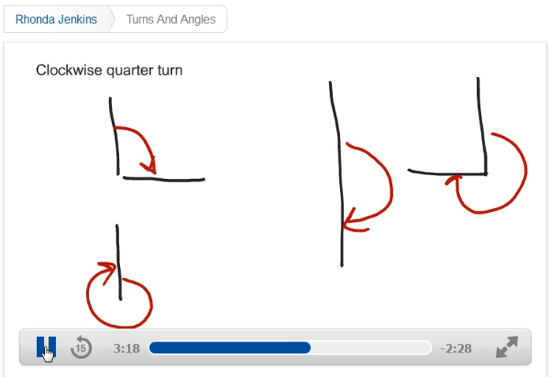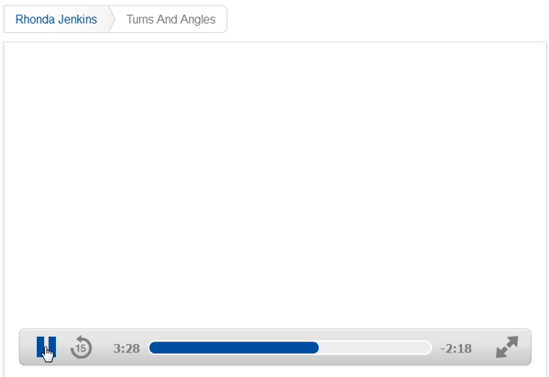As a contrast, let me show you that same style of turn, but counterclockwise. I'll draw my side and my other side, but this time I'll show you counterclockwise. Notice it's against the clock, so that's a counterclockwise quarter turn.